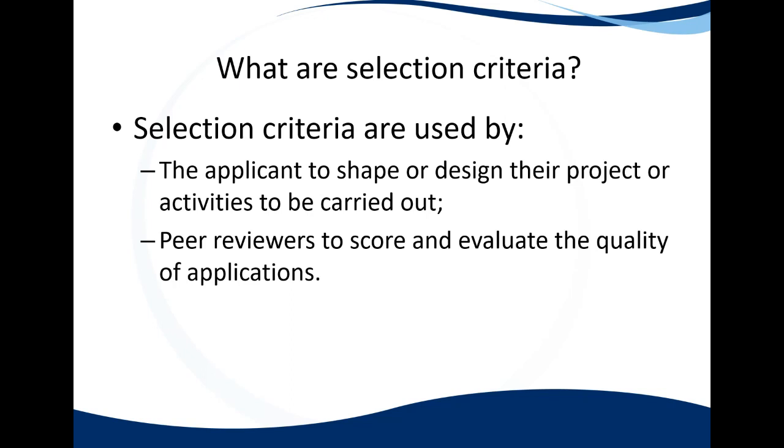Peer reviewers, again, as I've said, use this to score and evaluate the quality of the applications that they receive. Some of the applications are desk rejected. They are rejected immediately without even going for review, because with the selection criteria there's a tick box that you need to tick, and if all those things are not in place, then immediately that gets thrown out.